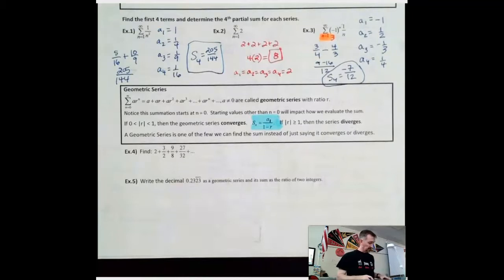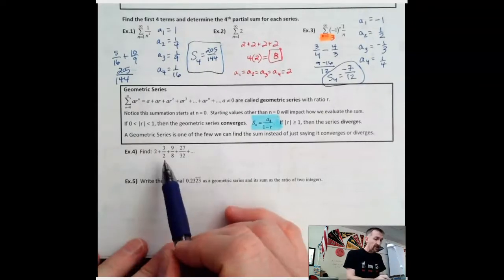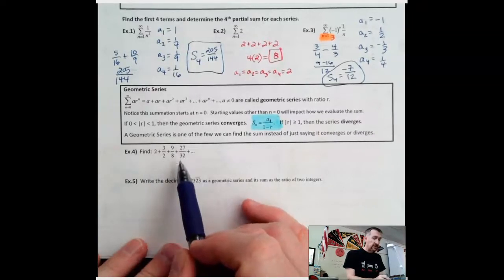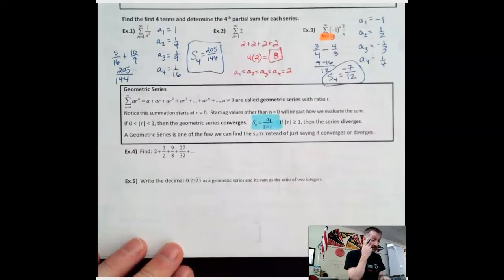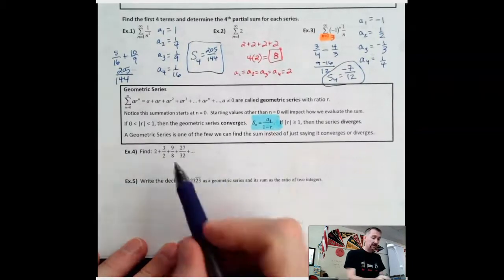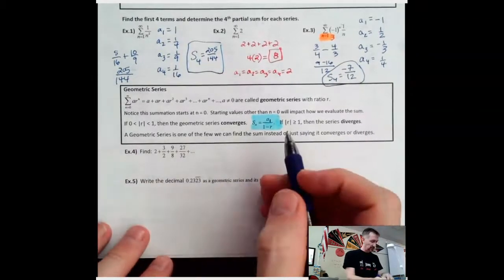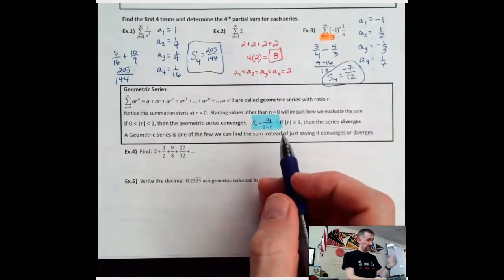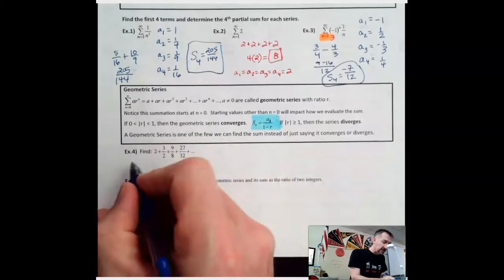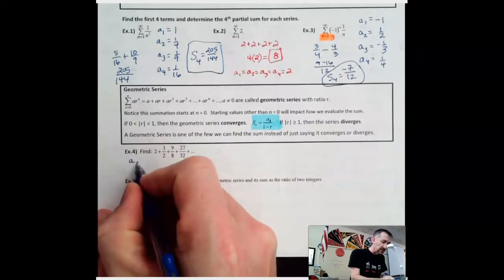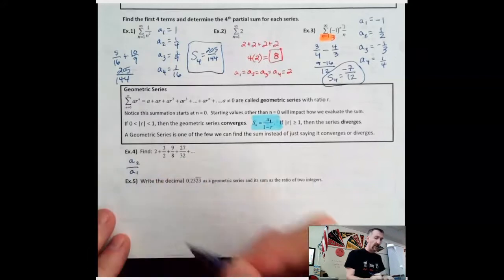So, when we look at this, hopefully we can kind of see a pattern here. So it looks like we're multiplying the numerator by 3 and maybe the denominator by 4. So it looks like we're probably multiplying by 3/4. So to figure that out, if you think it's geometric, what you can do is you can take a term and divide it by the term before it.